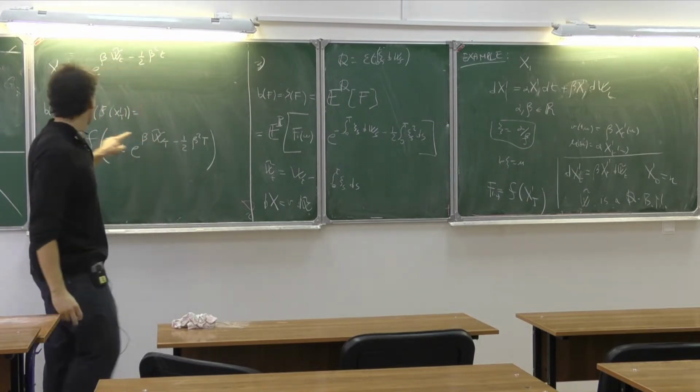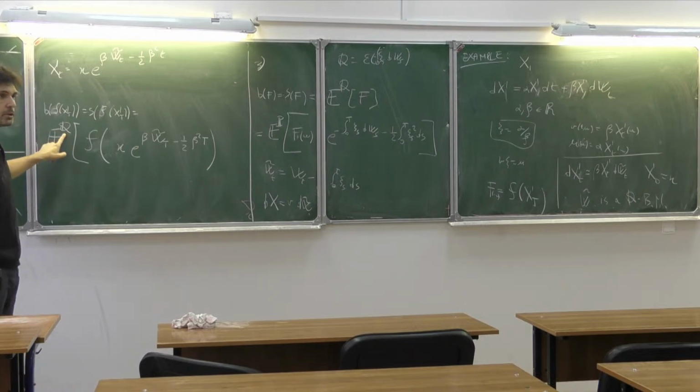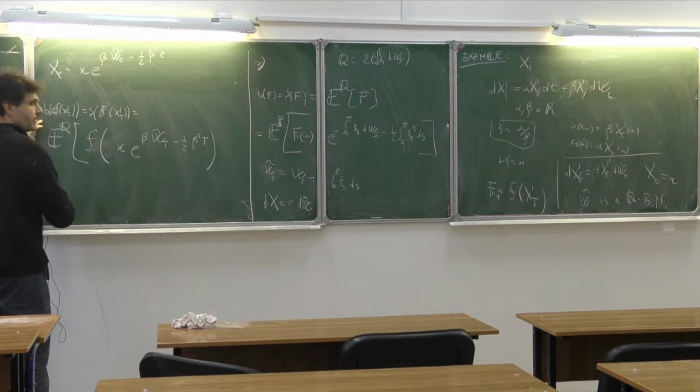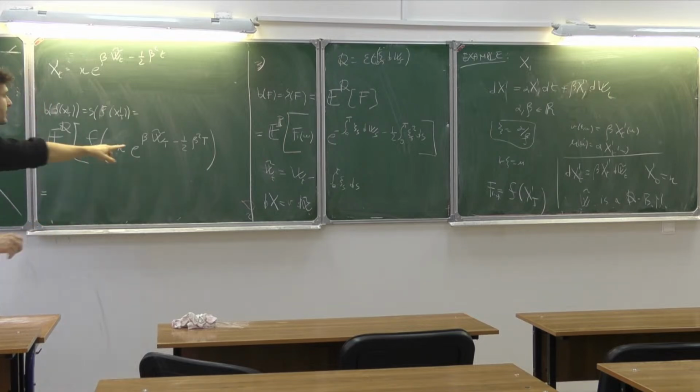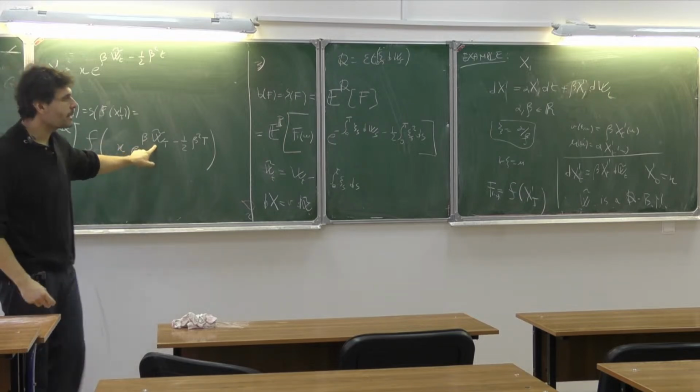This is a Brownian motion. This is nothing weird. I can write it as a normal integral. This is just a Brownian motion, and only the time t enters this formula.